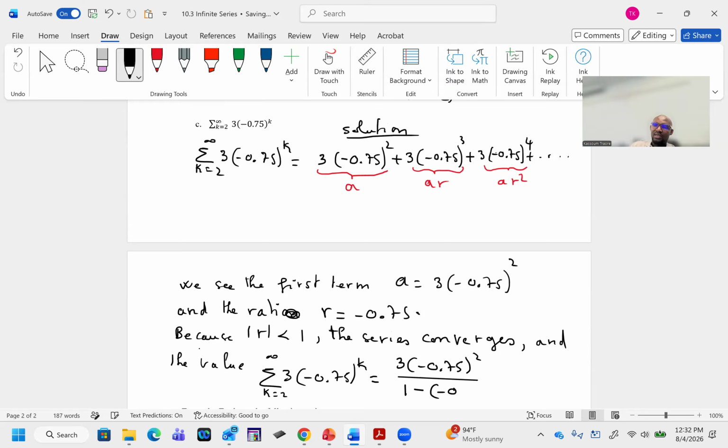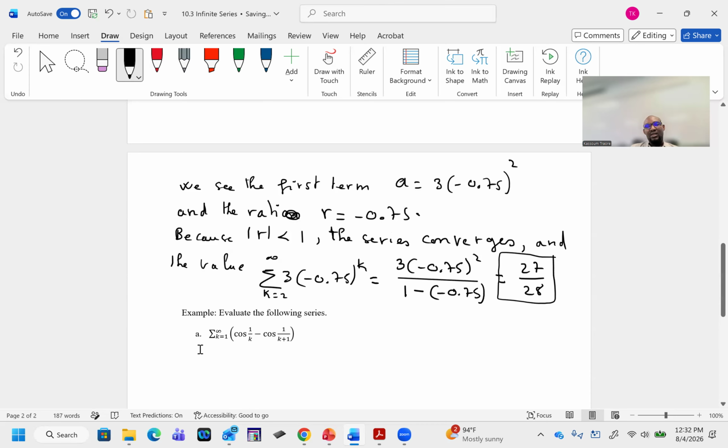Negative 0.75. And use your calculator, you will see this will give you 27 divided by 28. And that's it.